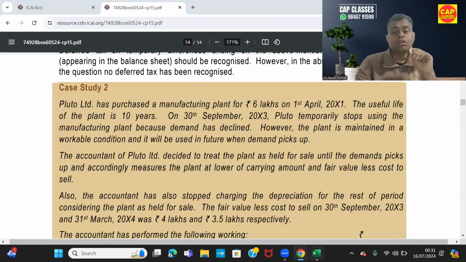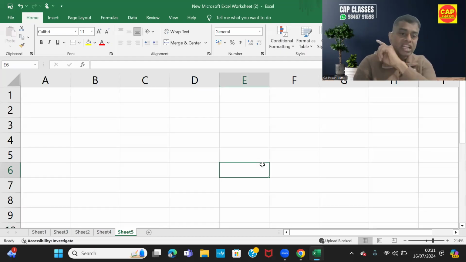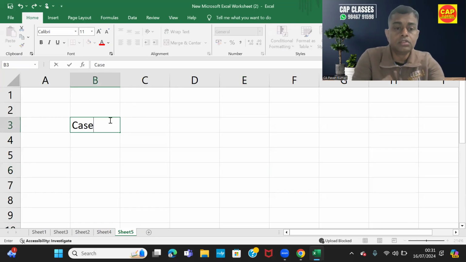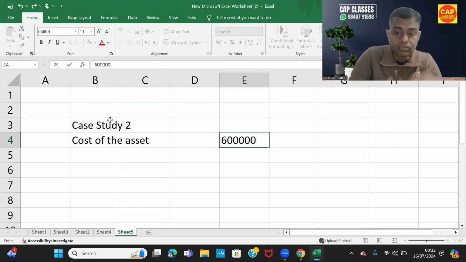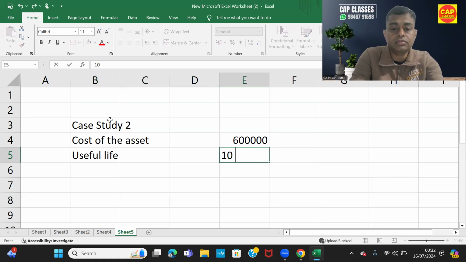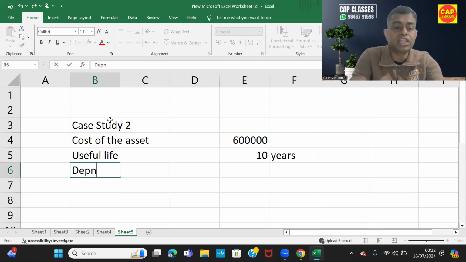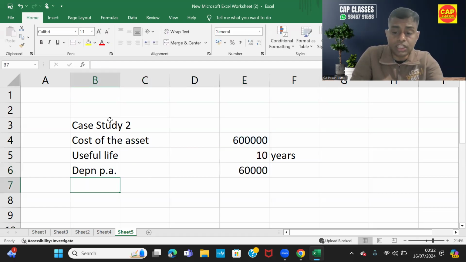So what is the carrying amount of the asset at the end of 2.5 years? 6 lakhs minus 1,50,000. So case study 2, cost of the plant is 6 lakhs. Life 10 years. So depreciation per annum 60,000.